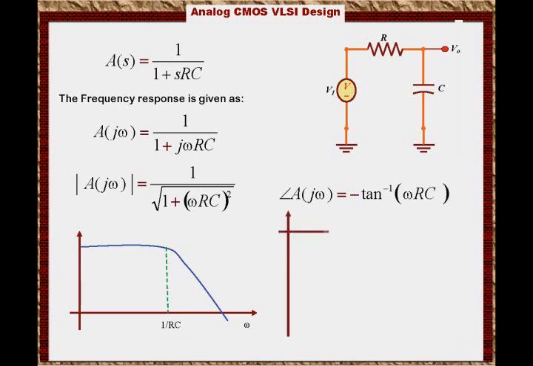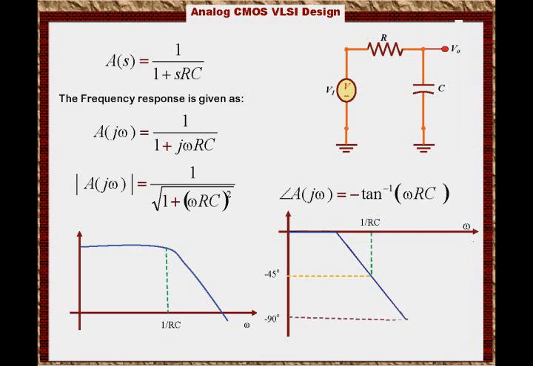If you plot this function, what you will have is roughly 0 degrees until a decade before that corner frequency. A decade before 1 over RC, then you start to see the phase will drop linearly almost until a decade after that corner frequency. What's interesting is that the phase of the output voltage or the gain at the corner frequency is minus 45 degrees, and the phase at very, very high frequency is minus 90 degrees.